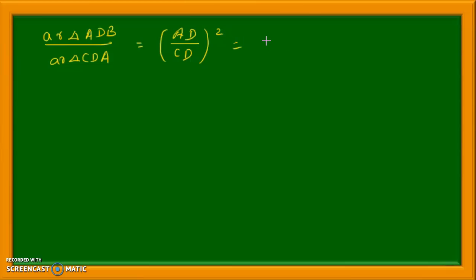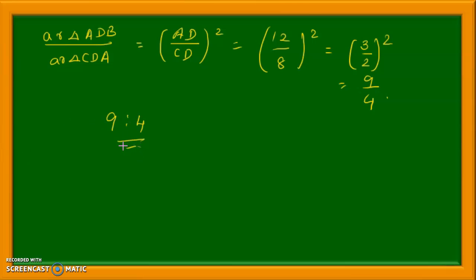So AD we got 12, and CD it's given 8, the whole square. Simplifying 12 by 8, both are divisible by 4, so you will get 3 by 2 the whole square, which means 9 by 4. So the ratio we got is 9:4. That's all. In the next video, we can go through the next question of section B.